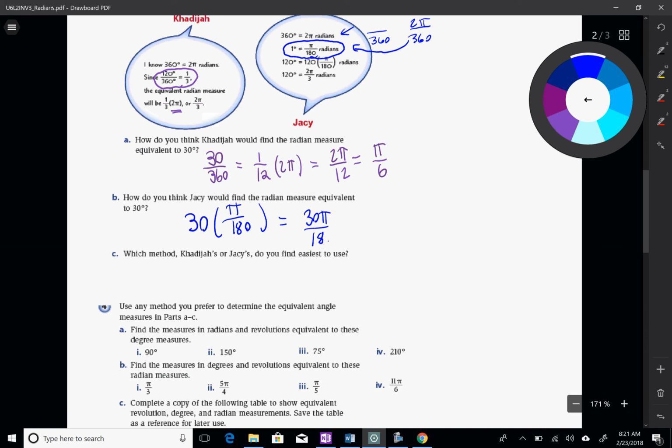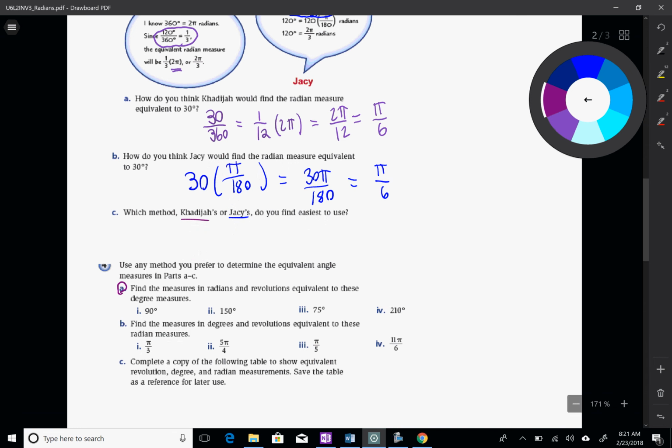Then it's just a matter of simplifying fractions. 30 over 180 simplifies to 3 over 18, which simplifies to 1 over 6. So again, it's pi over 6. Now question C, Khadija's method or JC's method, is a personal choice question. You can prefer whichever one you prefer. Using whichever one you prefer, I want you to go on to part A and try those problems.